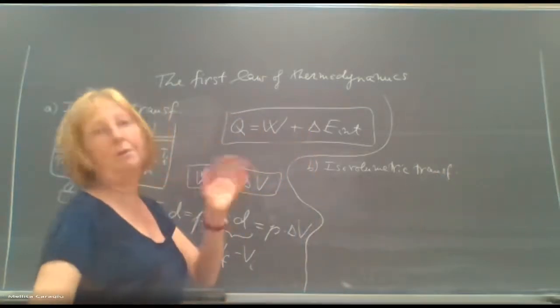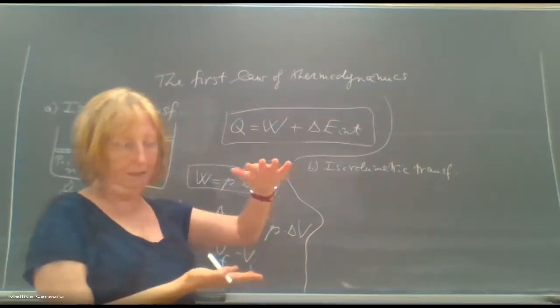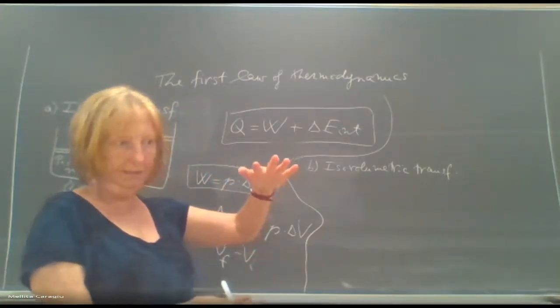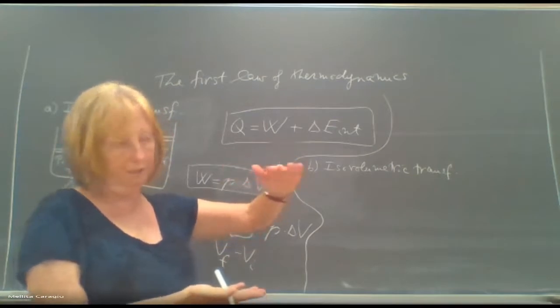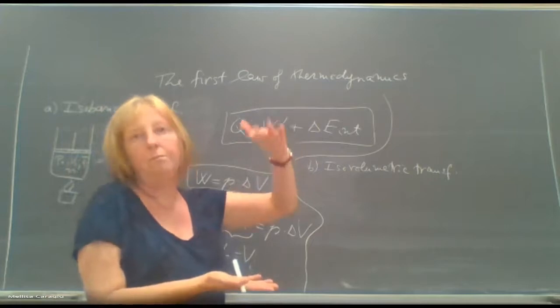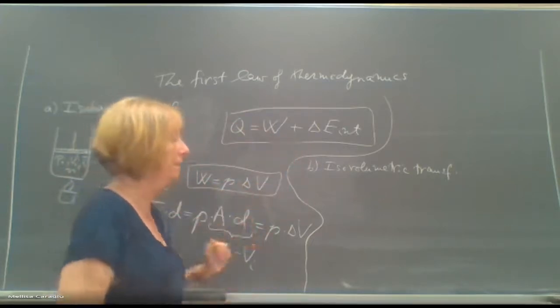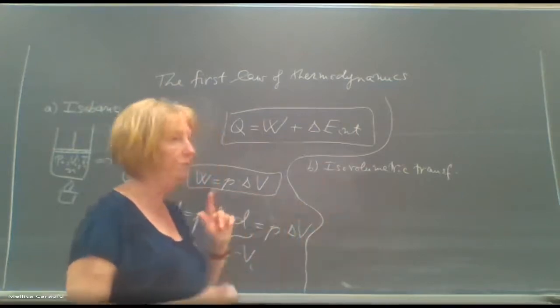Isovolumetric transformation, we remember, means that the volume of the gas stays the same. So basically, you can give heat, but you've put a stop to the piston, so it cannot move up, it cannot move down, so the volume stays the same. That's an isovolumetric transformation.